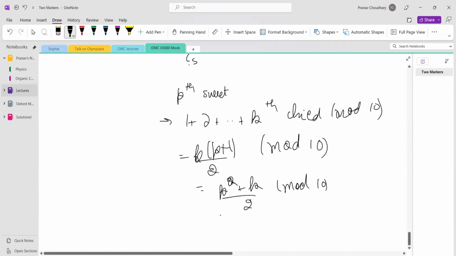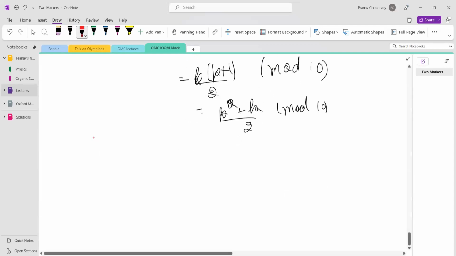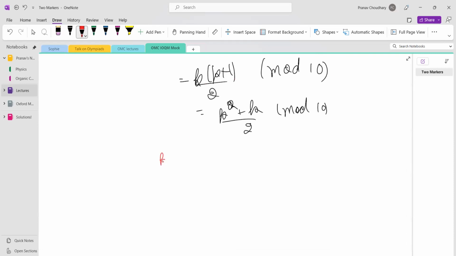You can manually bash it out and convince yourself when it starts to repeat, because I think it's only about 20 moves after which it starts to repeat. But I'll give you a formal approach. It's k times k plus 1 by 2 modulo 10, right? So let's consider k plus 10, modulo 10.